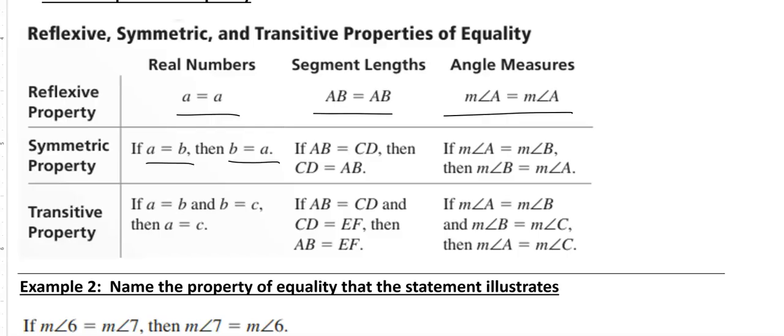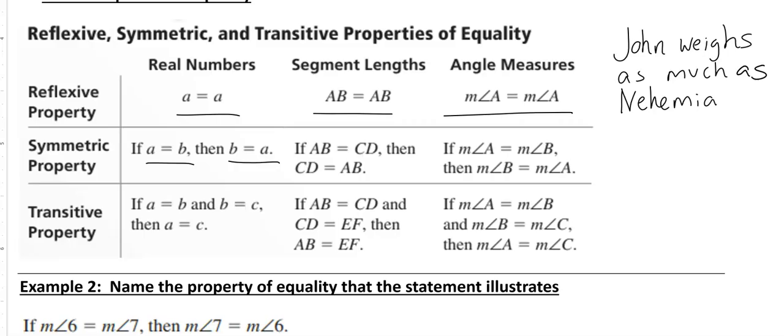This one's a little bit harder to follow, so let me see if I can explain it to you guys a little bit. John weighs as much as Nehemiah, right?